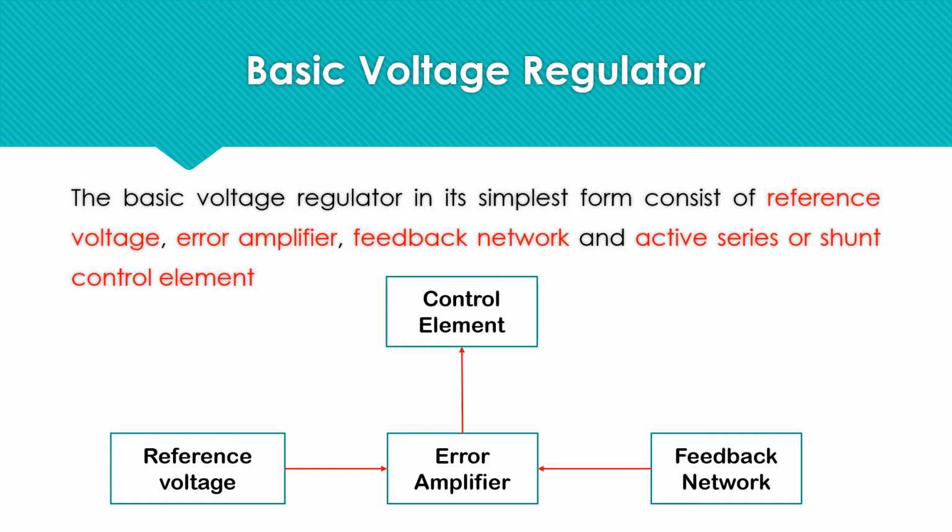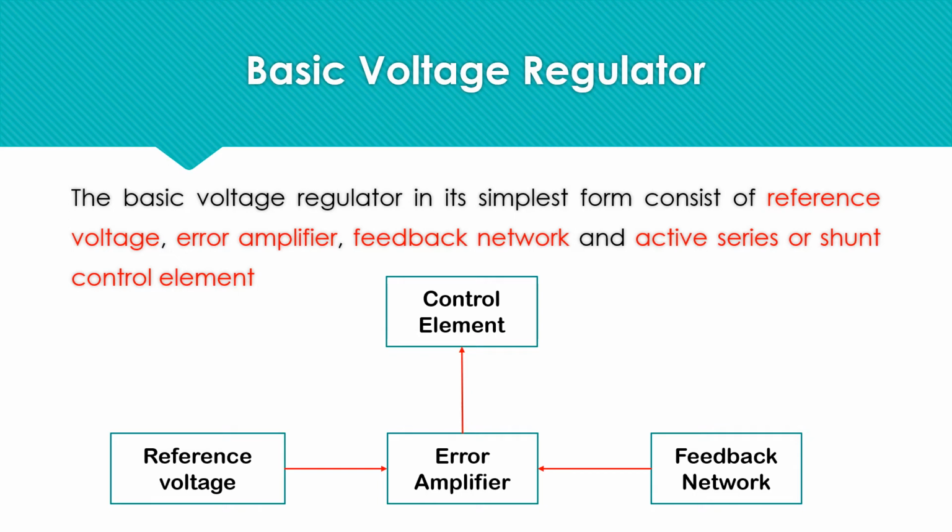Now the comparator or the error amplifier compares these two inputs and provides a signal to the control element, and this control element controls the amount of current flowing to the load, and in this way the output voltage is regulated or controlled.